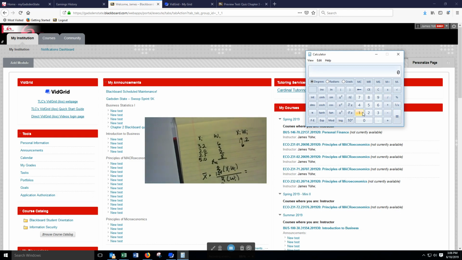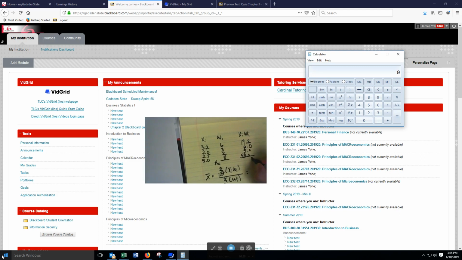I know that's 6. 2 times 2.5, that's 5. 8 times 5 is 40. Okay, and we're going to sum those up. I got 0.2, 15, 20, 50, 70. So the sum of w sub i times x sub i is 70.2, and we have 4 observations.